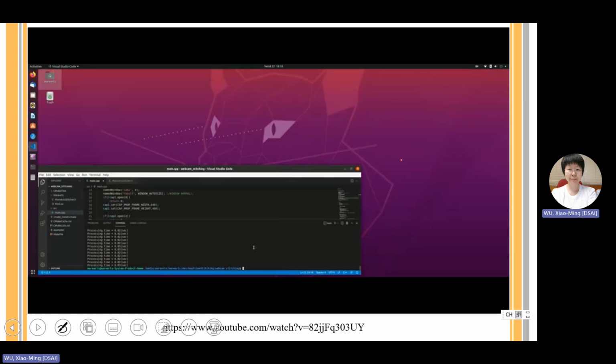Here's another application, real-time image stitching.